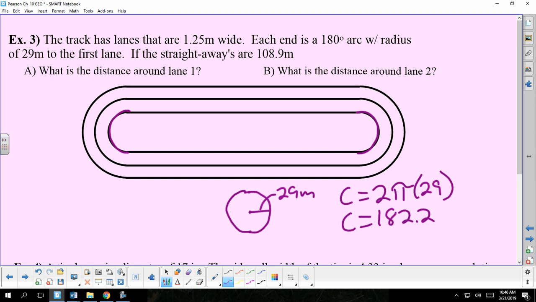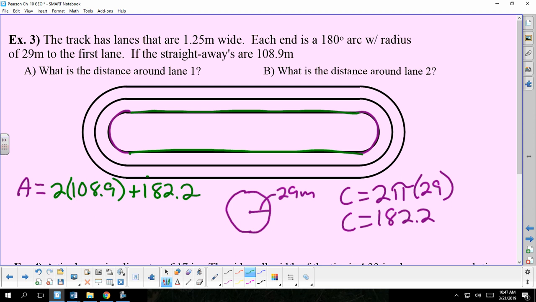So for the distance around lane 1, we have the straightaways, which are 108.9. There are 2 of them, right? We have this straightaway here and this straightaway there. So 2 times 108.9, and then add the curved parts, 182.2.